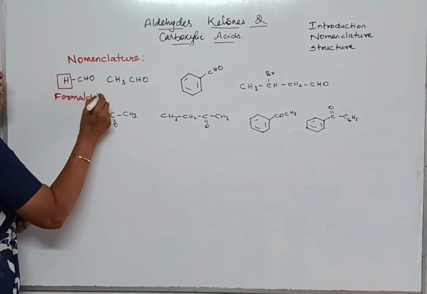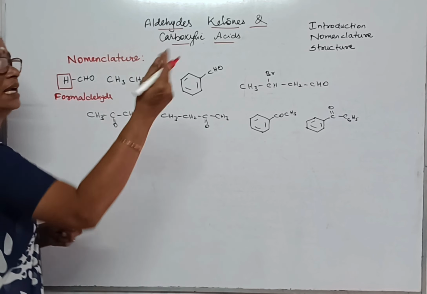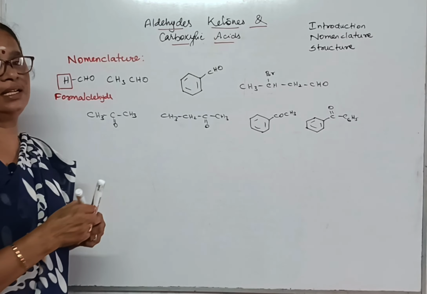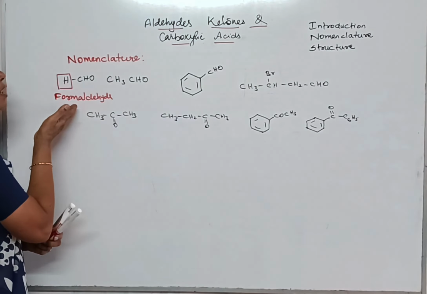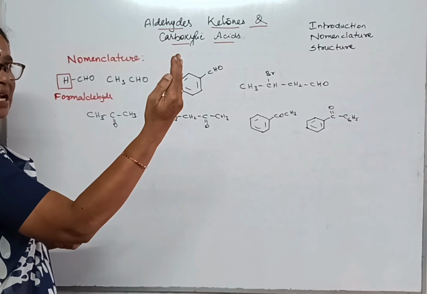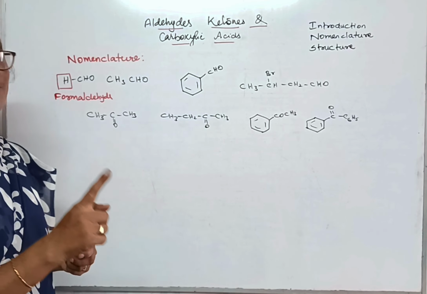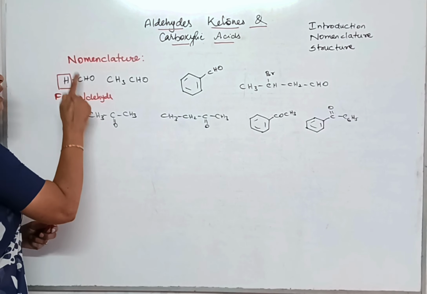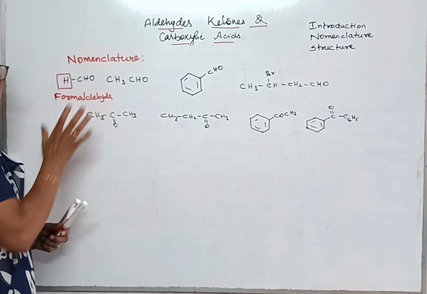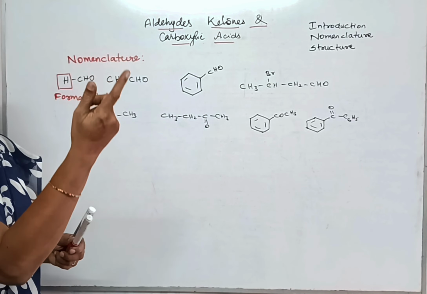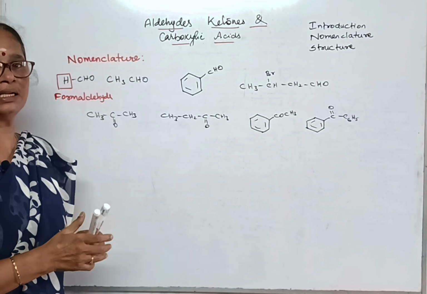Just now we have seen that its corresponding acid is formic acid. As formic acid has 1 carbon and its corresponding aldehyde also has 1 carbon, the name is formaldehyde.